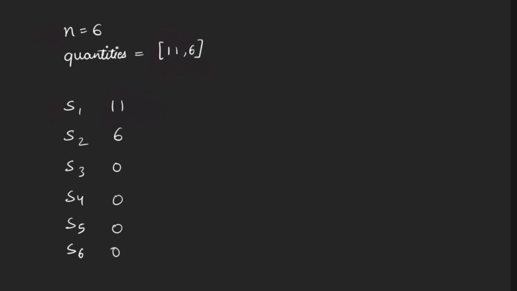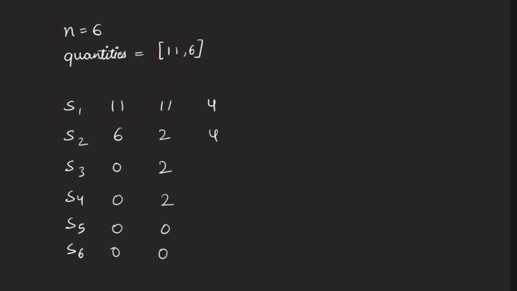Another possibility is that I give all the 11 to S1, but for the second product I give, let's suppose, 2 to this, 2 to this, 2 to this, and for the rest it will be 0, 0. Another possibility is that for this 11 I give only 4 to S1 and 4 to S2.